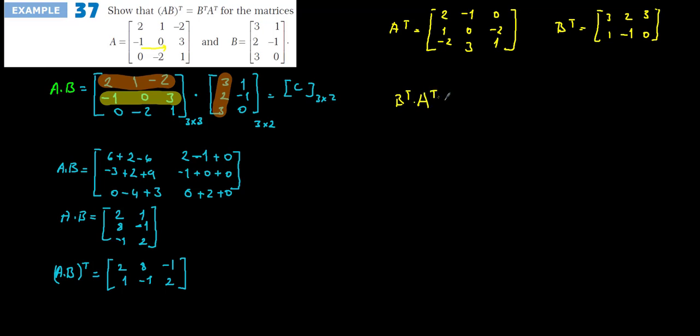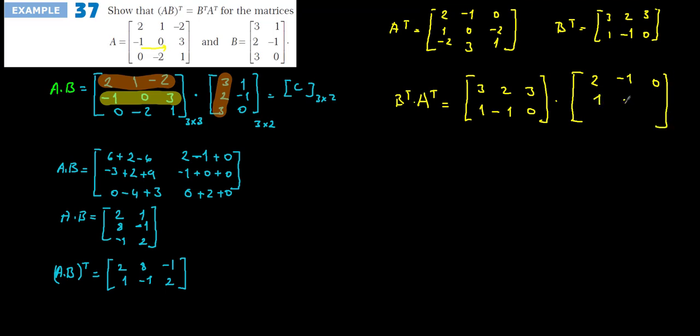B transpose is going to be 3, 2, 3, 1, minus 1, 0, times A transpose, which is 2, minus 1, 0, and then 1, 0, minus 2, and minus 2, 3, and then 1, it should be.